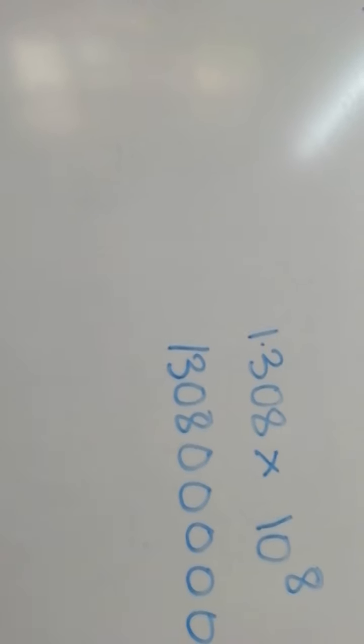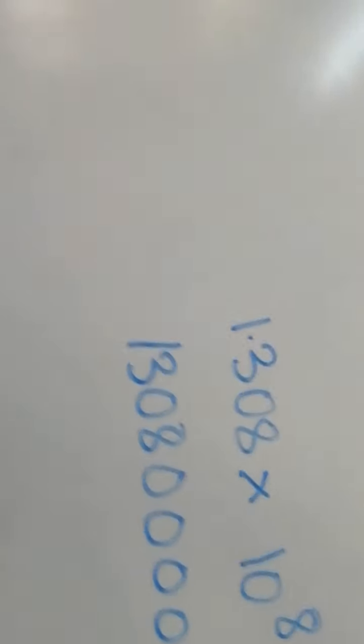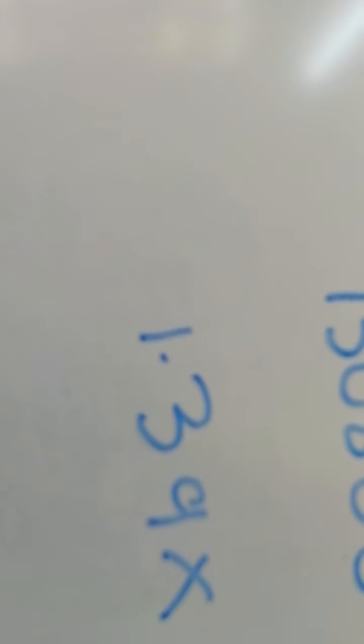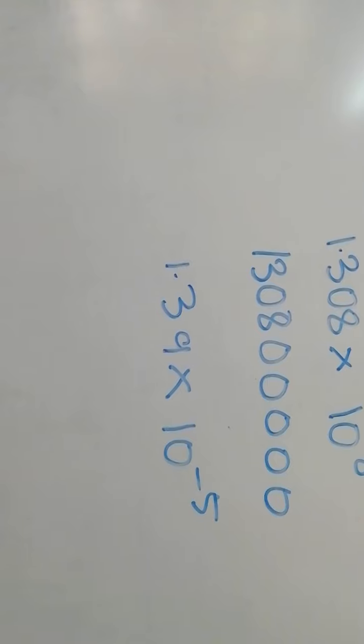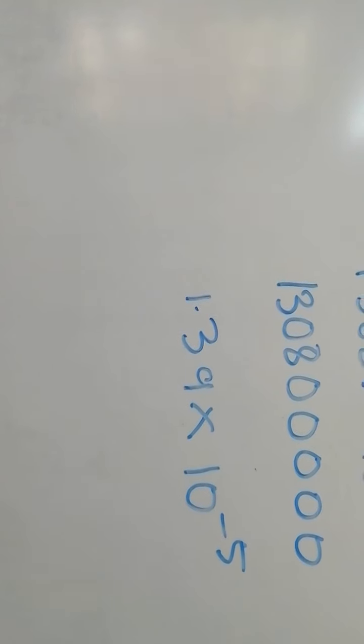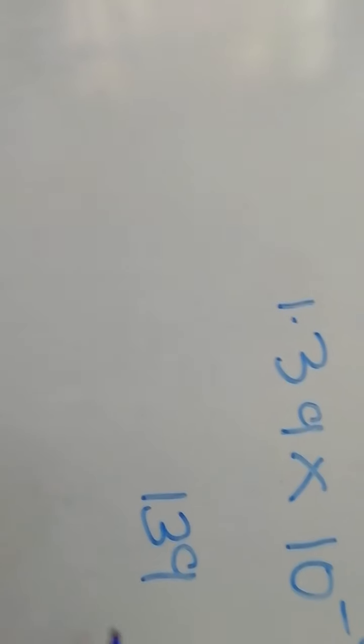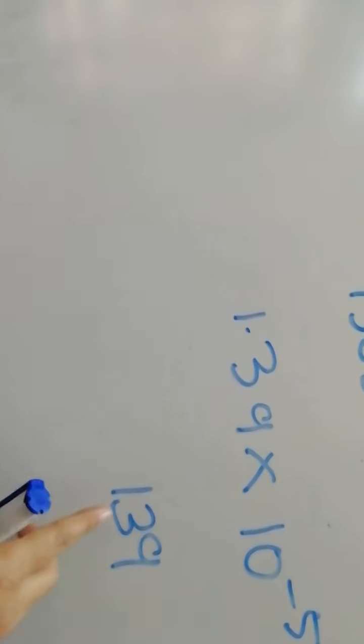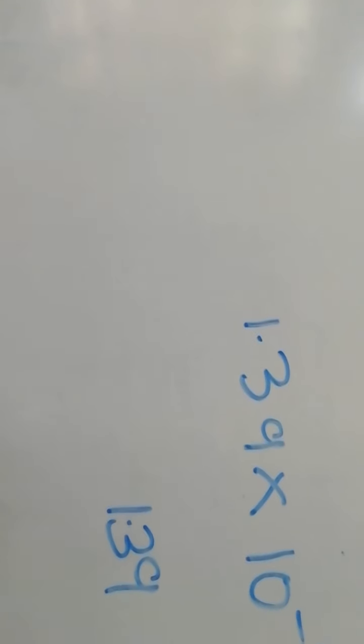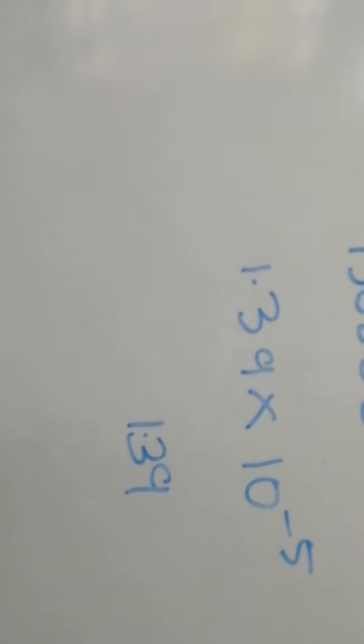But again, now let me give you a number in negative form. If there is a number like this, 1.39 into 10 power minus 5, immediately think of your integer line. Integer line left side is negative. So first I'll write my number like this, 139. It is 10 power negative 5. So see, it is like this, 1.39.